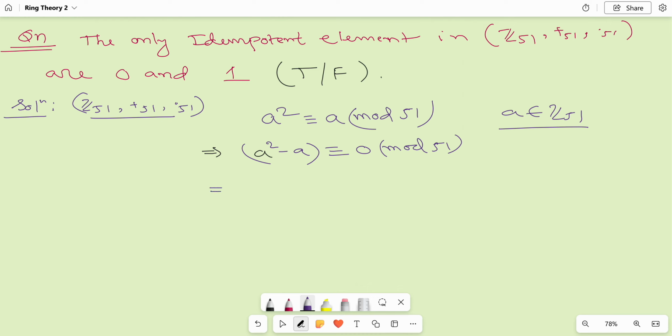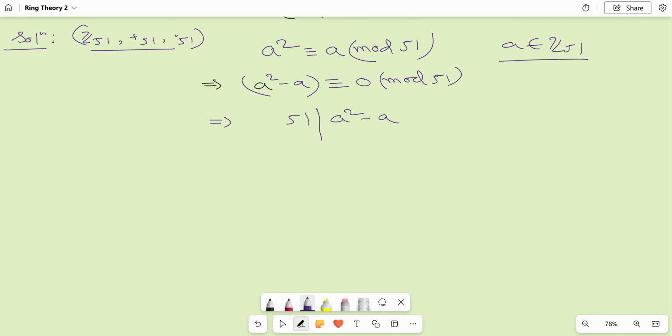So what does it mean? That means that 51 divides a square minus a. It means that a square minus a is a multiple of 51, that is 51k for some k inside Z. That's it.